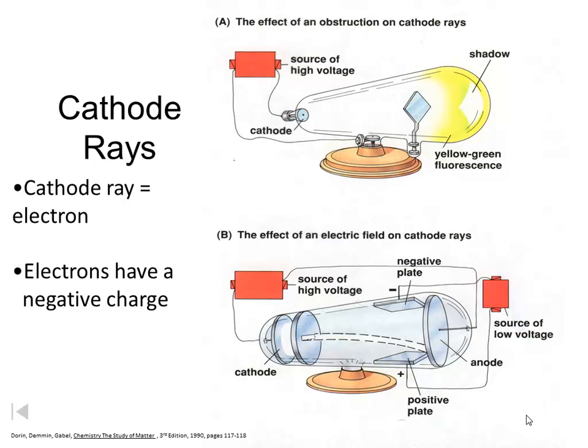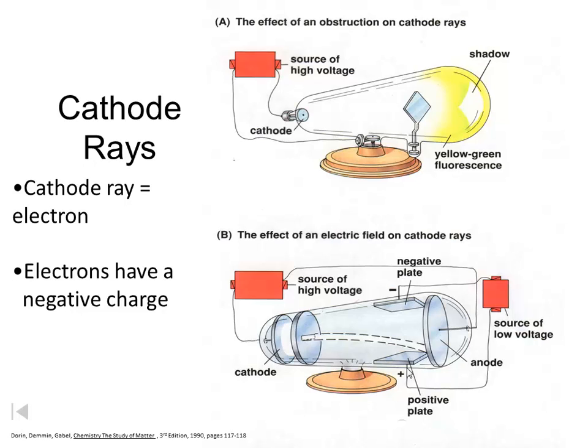But what Thompson did was he studied the cathode ray. And he found that, if you look at the bottom here, when the cathode ray was put in a magnetic field or an electric field, the ray was bent towards the positive plate. So what do you think it means? If it's attracted to a positive plate, what does the ray's charge have to be?